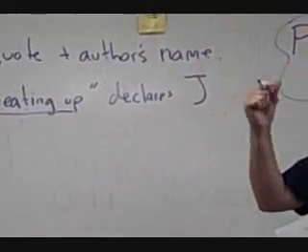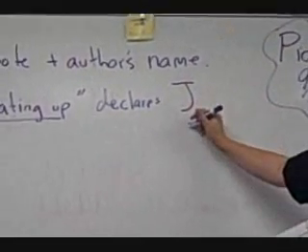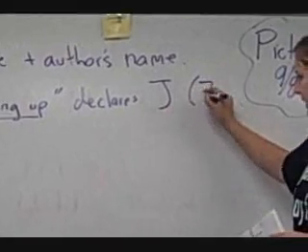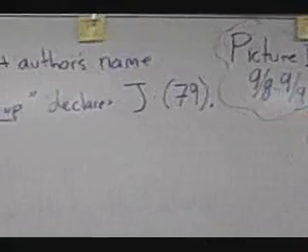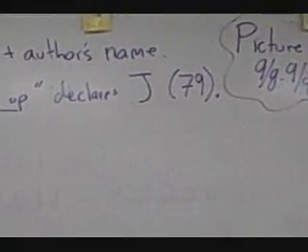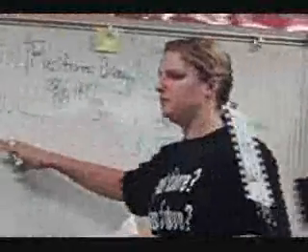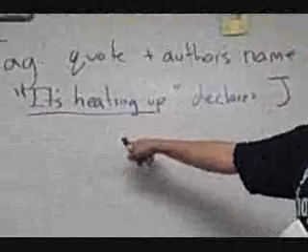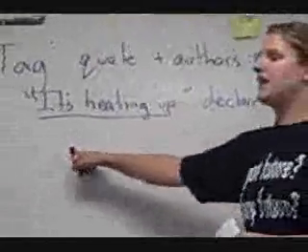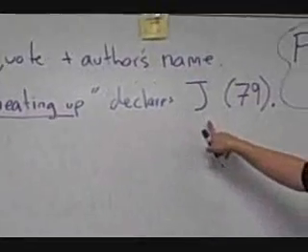She declares it. I wrote her name. Then you do the page number in parentheses and a period. That's how you tag a quote. So if I wanted to give proof that the earth is heating up, I could use this. She said that it's heating up. That is my proof. And I've tagged it with her name.